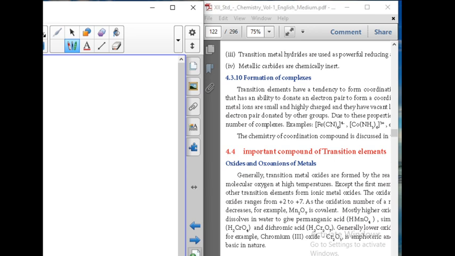Another example you can see is chromium oxide CrO3. In this chromium oxide, the chromium oxidation state is +6. You can refer to the oxidation states of chromium; the more stable oxidation state is 6.